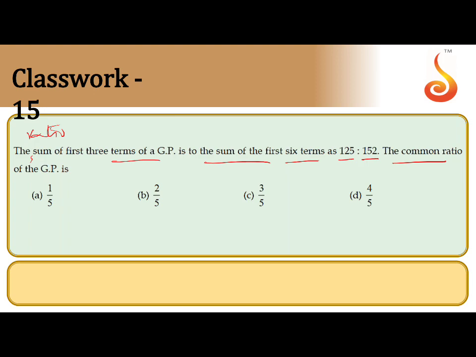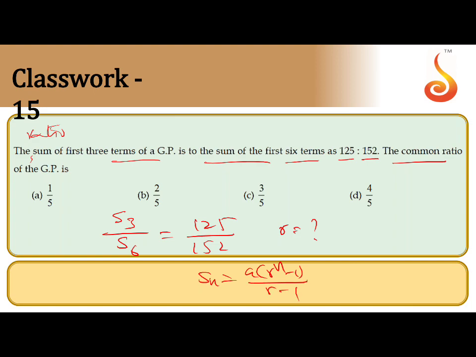So the ratio of the sum of 3 terms S3 divided by S6 is given as 125 by 152. What is the value of the common ratio in the GP? So what is the formula for Sn? A into R raised to power n minus 1 by R minus 1. That is the formula for Sn. Now you can find S3 and S6 and take the ratio to get the value of R. I will solve on the next page.